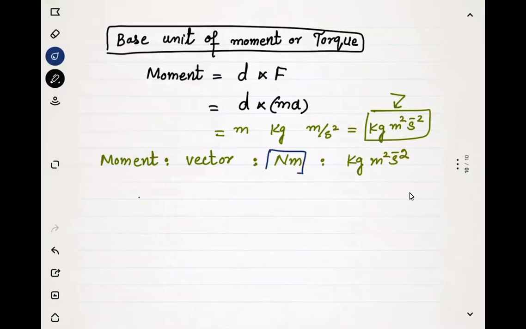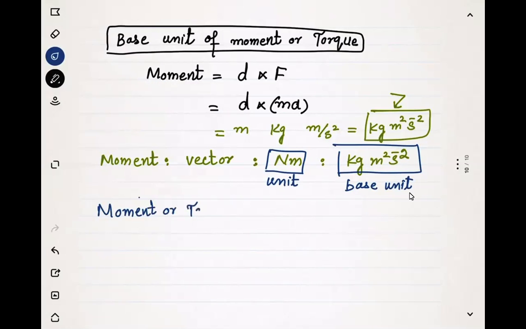So this is the unit of moment, and the base unit of moment is kilogram meter square second minus 2. We need to write here that moment is also called torque. In our syllabus, we are not going to differentiate these two quantities much.